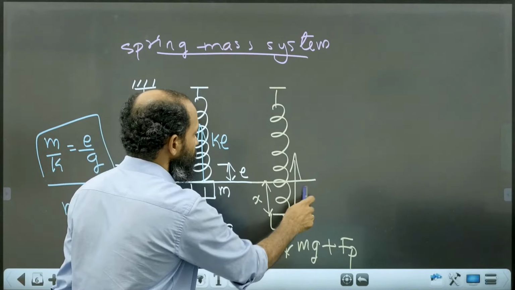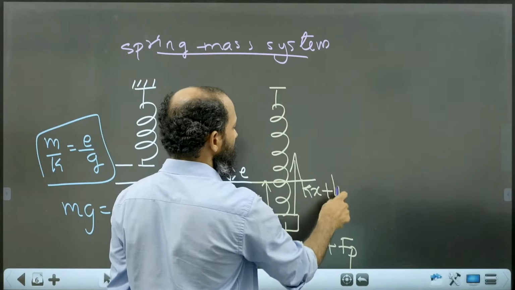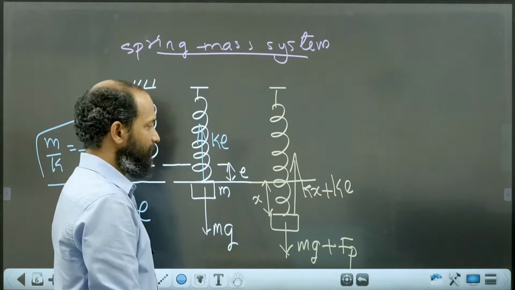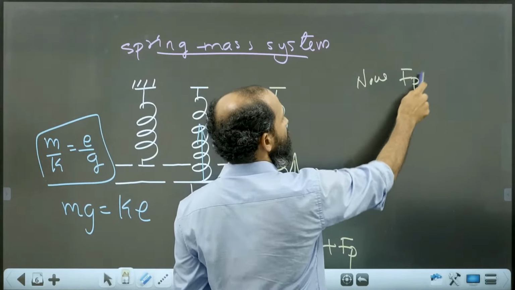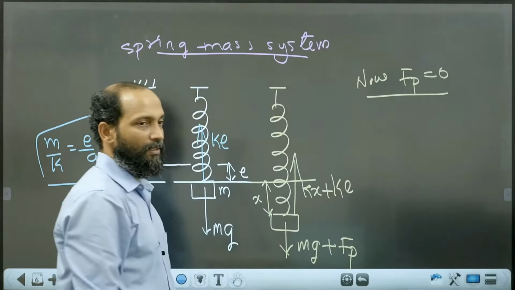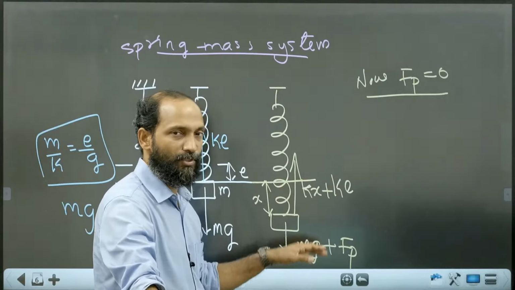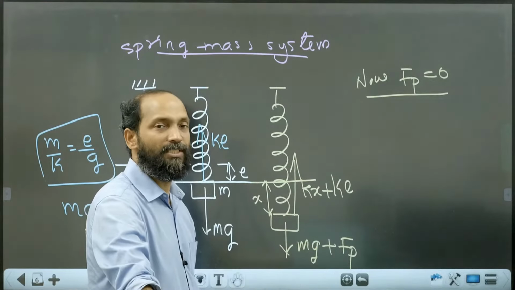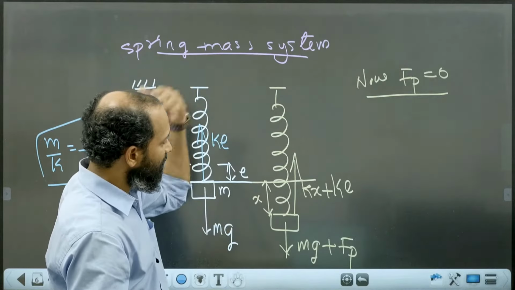The restoring force will be kx plus ke, or k into e plus x. Now you leave Fp, the pulling force. What happens? With the presence of the pulling force, there is an equilibrium of all these four forces. But in the absence of this pulling force, there is no equilibrium. There is a net force acting in the upward direction.